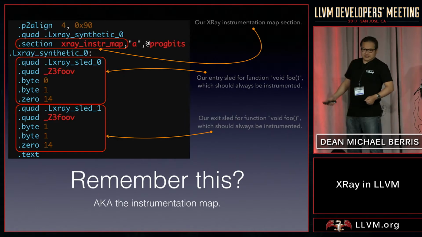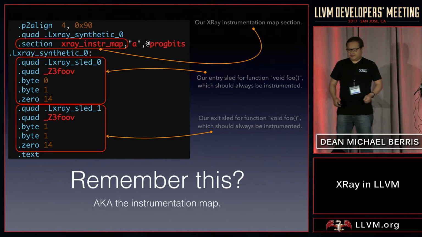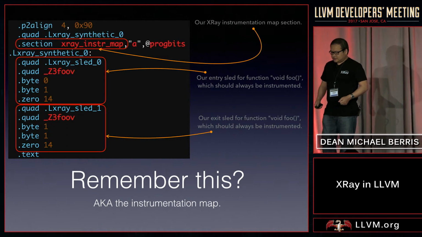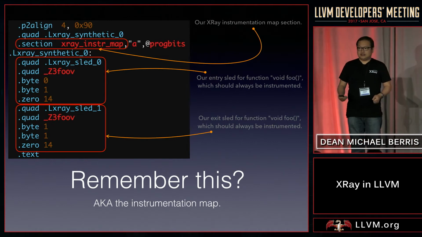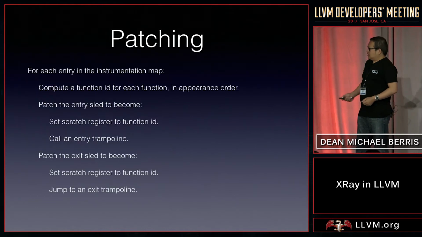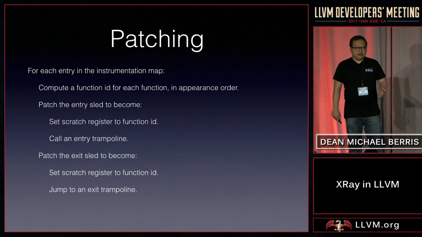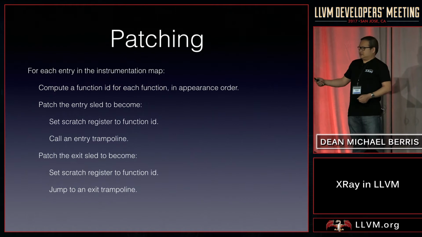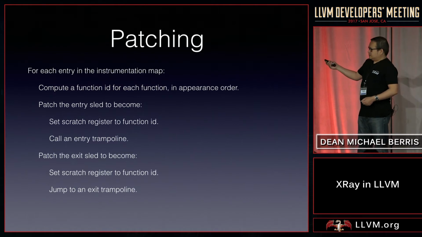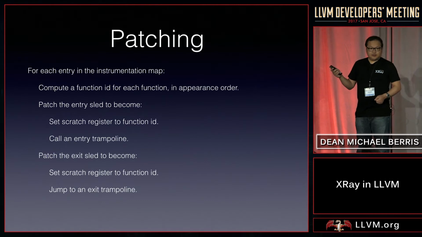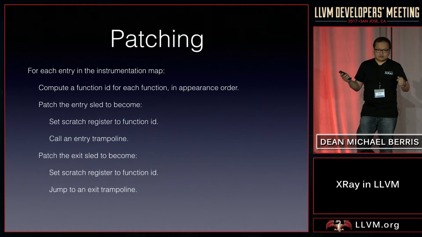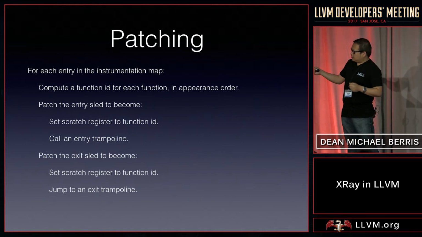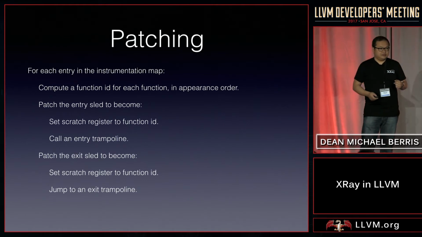Okay, so remember this thing. We have an instrumentation map, right? So now at runtime, we have this map that tells us where the sleds are. And so we have this simple algorithm that goes, for each entry in that sled, if it's an entry sled, we want to change it so that we put a function ID in a scratch register, and we want to call an entry trampoline.